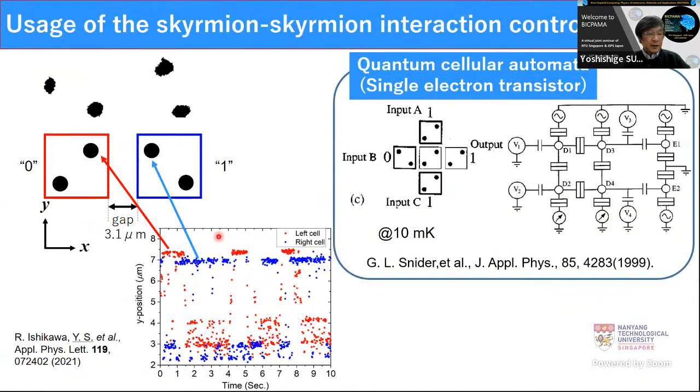Actually, this kind of design was proposed for the single electron transistor at the end of the 20th century. The system was called quantum cellular automata. Here is a design for the logic gate. Single electron transistors did this task at very low temperatures. The Skyrmion Brownian computer may do it at room temperature in principle.